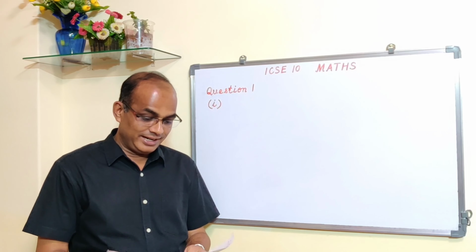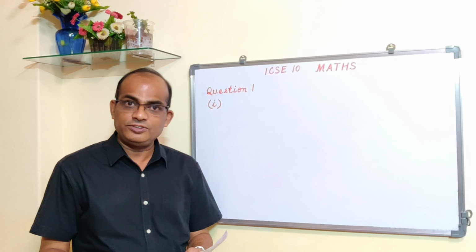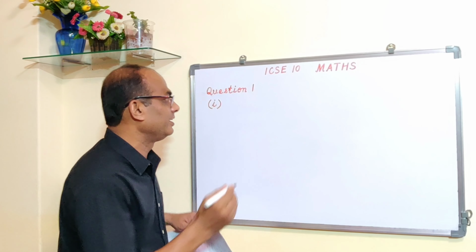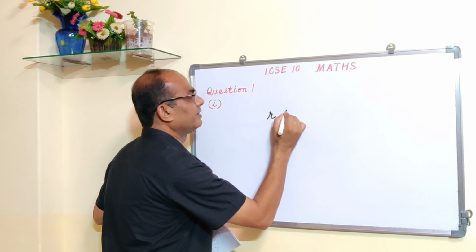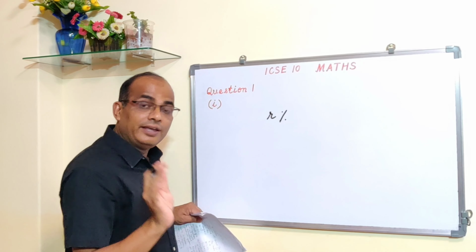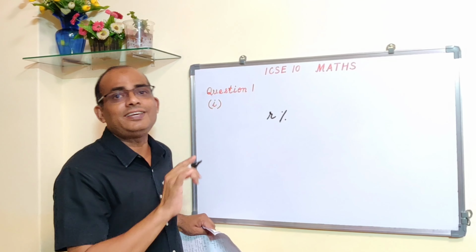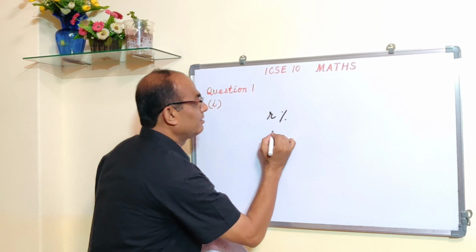We have to find out the rate of GST, so let the rate of GST be R%. Therefore, the rate of SGST is R by 2%.